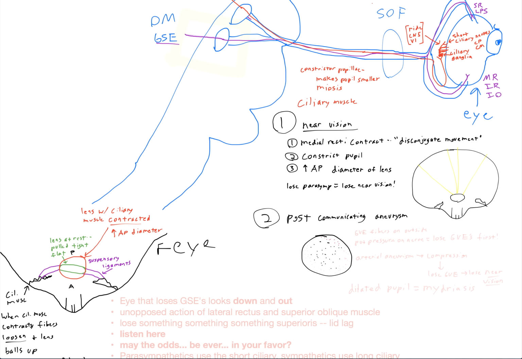So your parasympathetic fibers are the most peripheral inside the nerve.